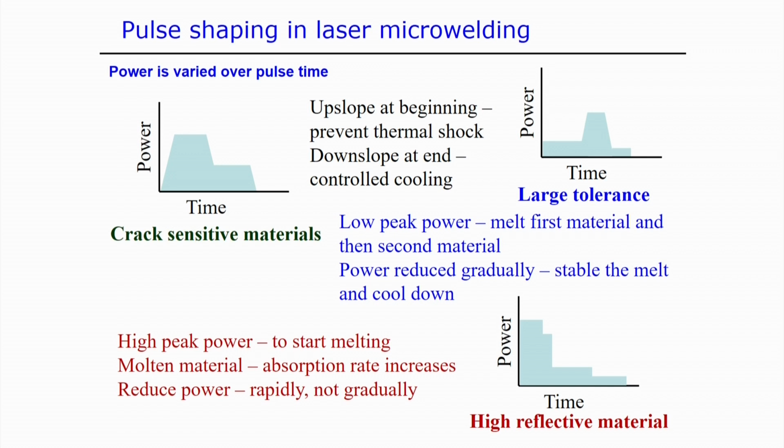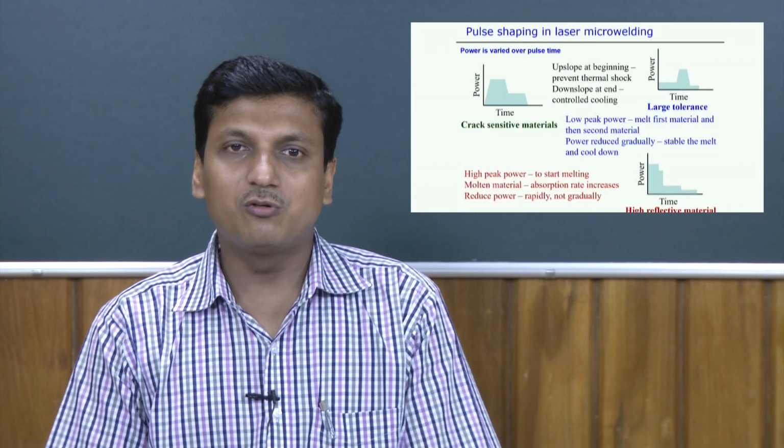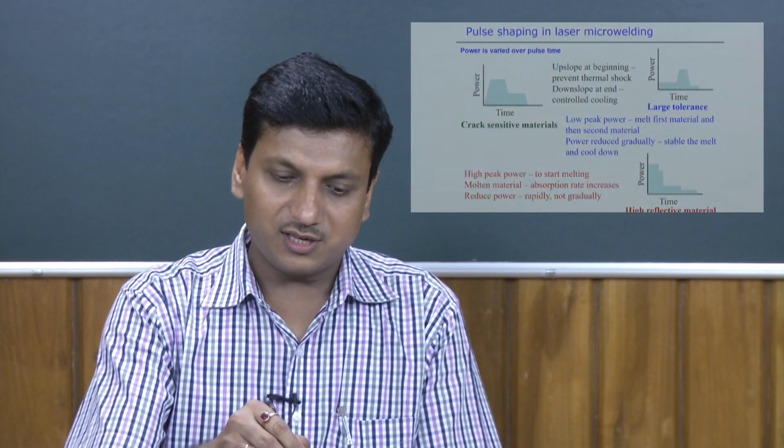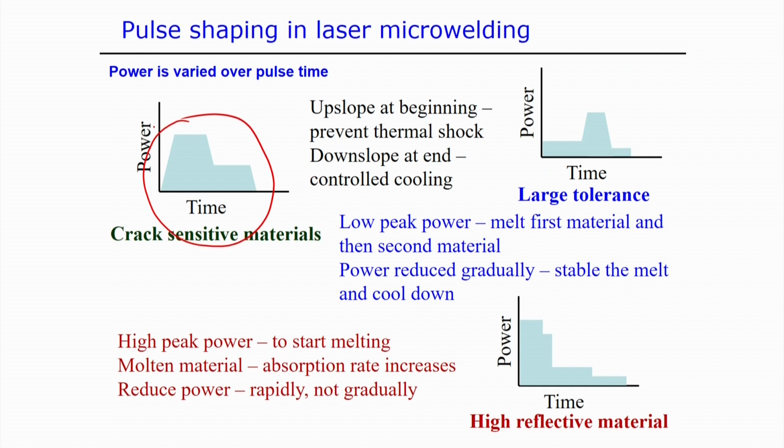Finally, the downslope at the end also controls the heating process. If it is possible to control the heating and the cooling, then it is possible to weld crack sensitive material depending upon the shape of the pulse. So, these are the typical pulse shapes for crack sensitive materials.